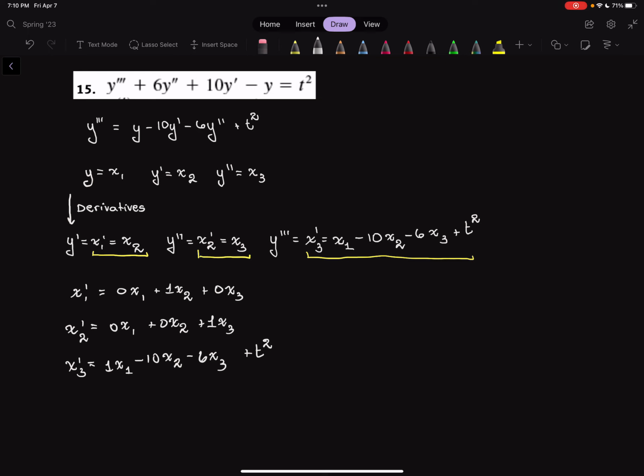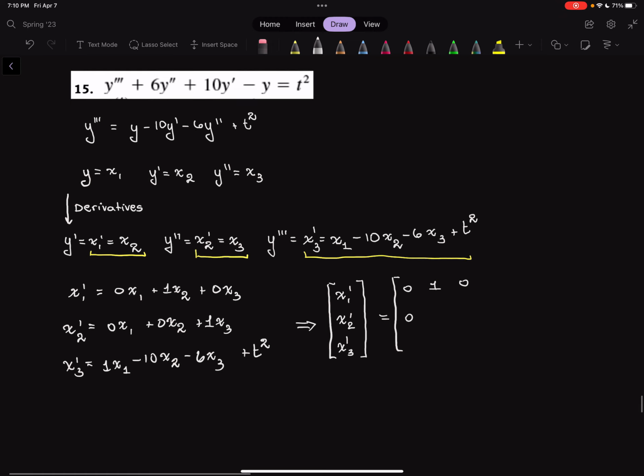Oh, that's cool, because now we can rewrite this in matrix form, and it's almost there already. We can write x sub 1 prime, x sub 2 prime, x sub 3 prime, and then here we have 0, 1, 0, 0, 0, 1, and then 1, negative 10, and negative 6.